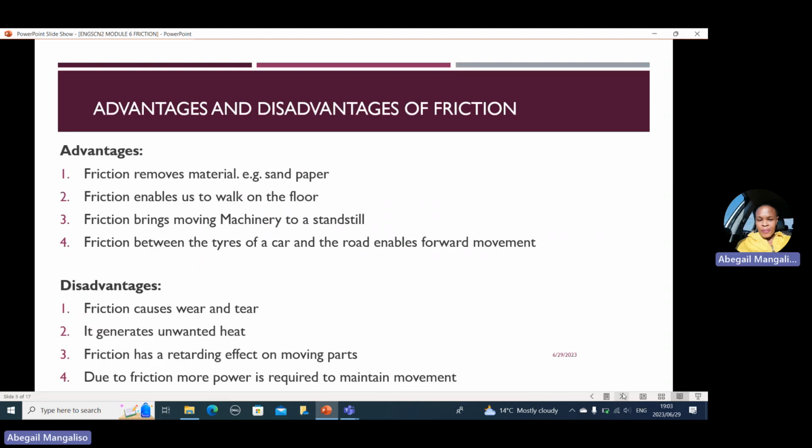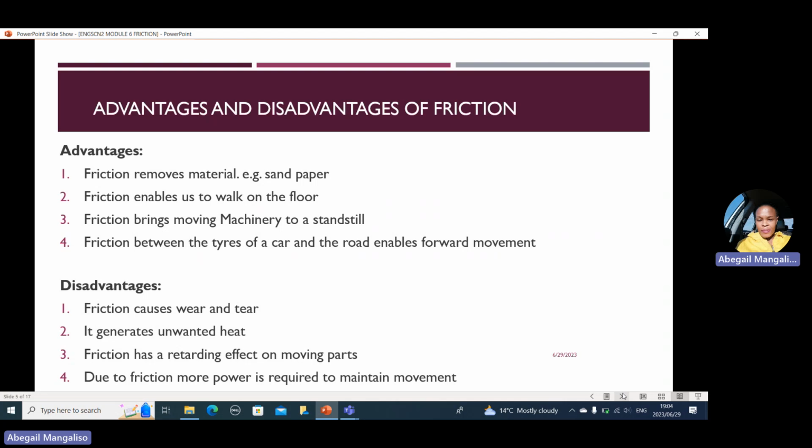Advantages and disadvantages. Advantages are that friction removes material, for example when using sandpaper. Number 2, friction enables us to walk on the floor. Number 3, friction brings moving machinery to standstill. Number 4, friction between the tires of the car and the road enables forward movement. And the disadvantages of friction are it causes wear and tear.